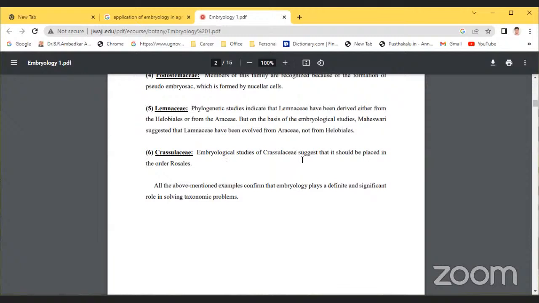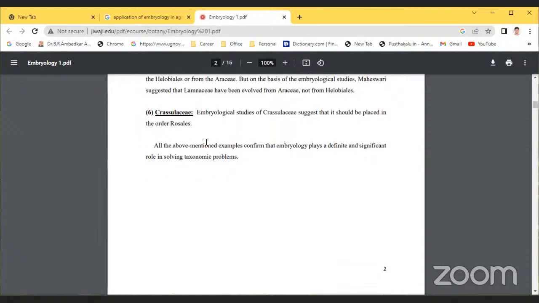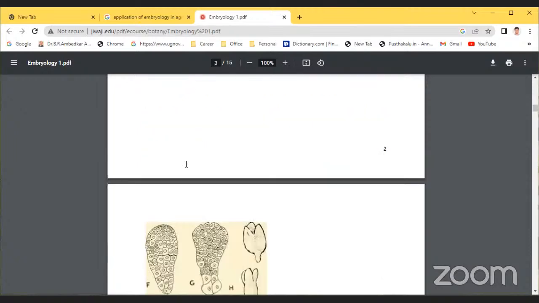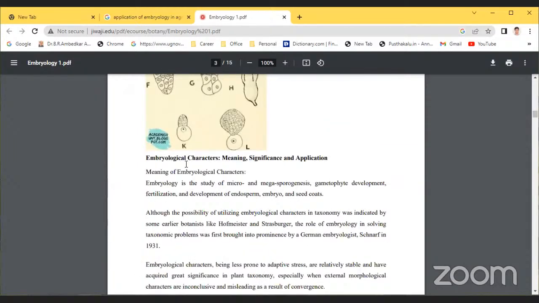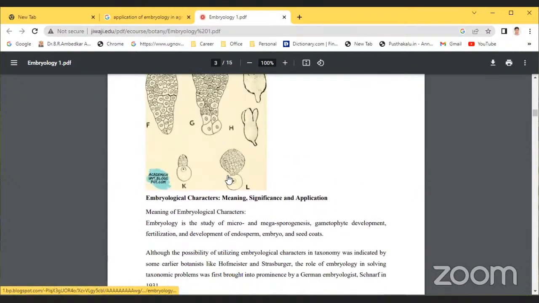Embryological study of Crassulaceae suggests it should be placed in the order Rosales. All the above mentioned examples confirm that embryology plays a defined and significant role in solving taxonomic problems. So these are some diagrams: embryological characters, meaning, significance and applications.